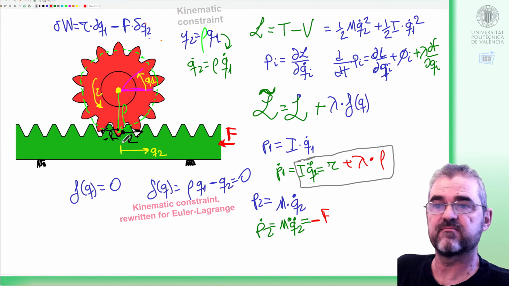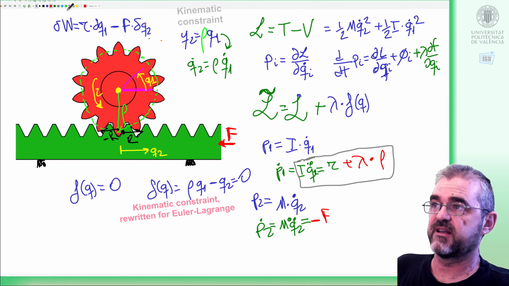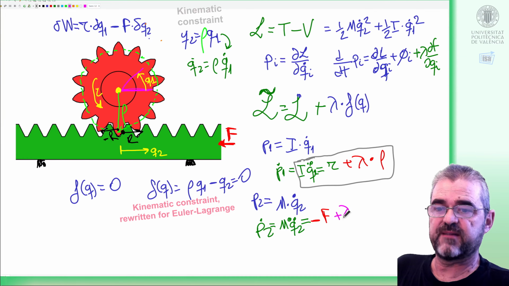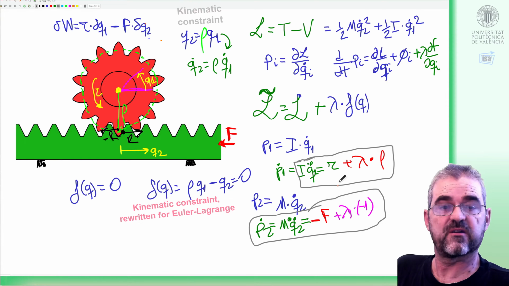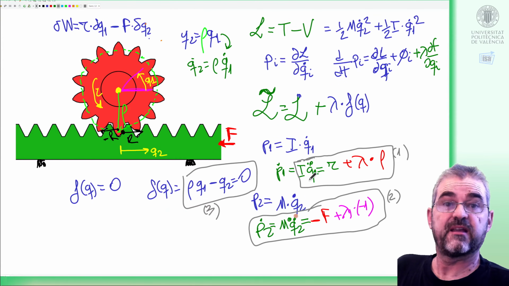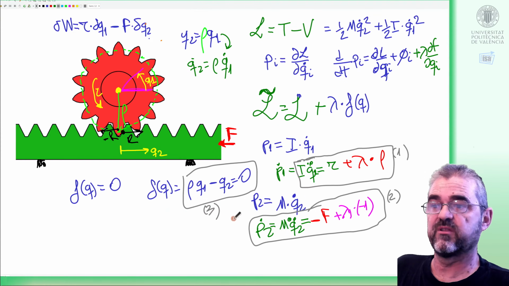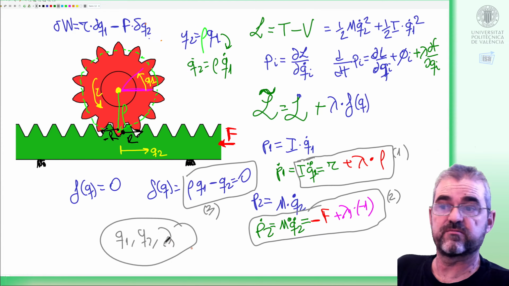We'll discuss that in a minute. But it does not appear here, and what we have is the Lagrange multiplier, plus lambda times the partial derivative of the constraint with respect to Q2, which in this case is minus 1. Then we have a second equation of movement, 1, 2, plus the constraint 3, and this is already a complete mathematical model because we have Q1, Q2, and lambda as 3 unknowns.